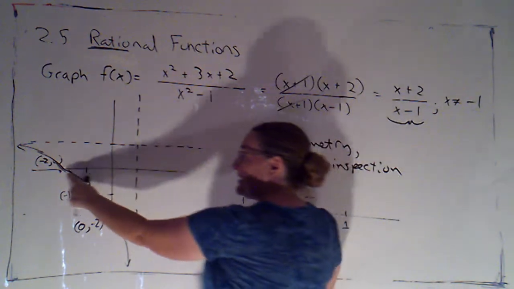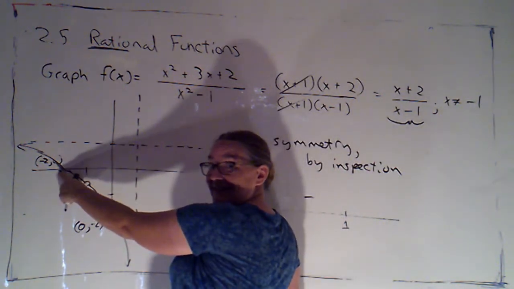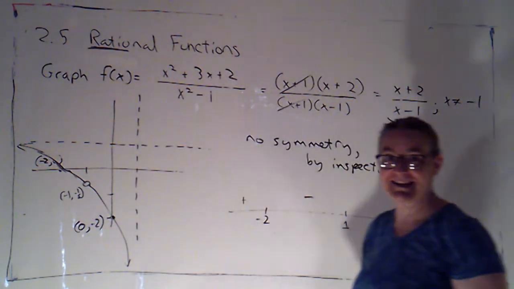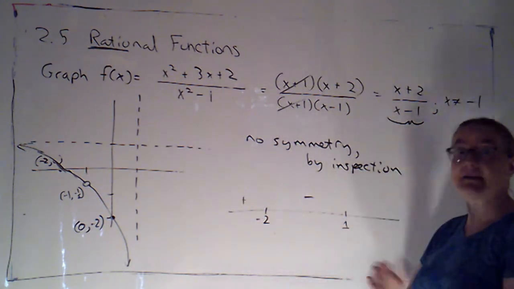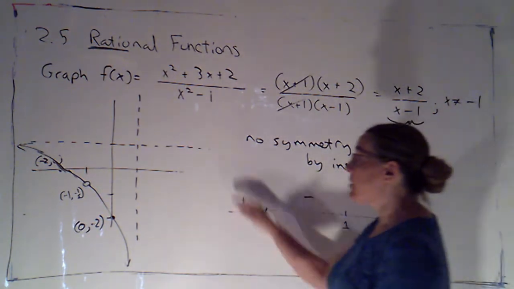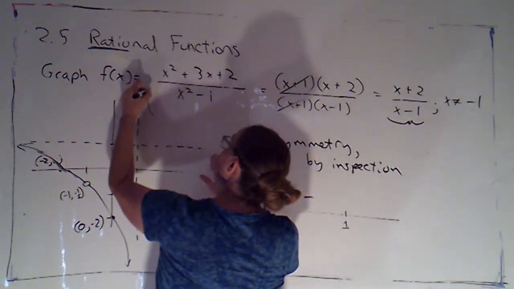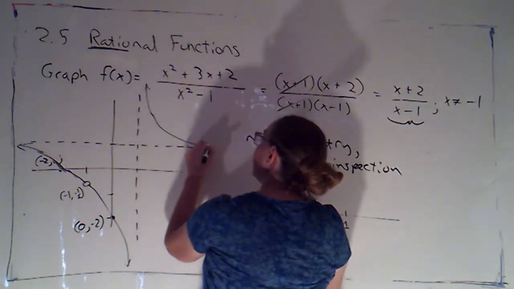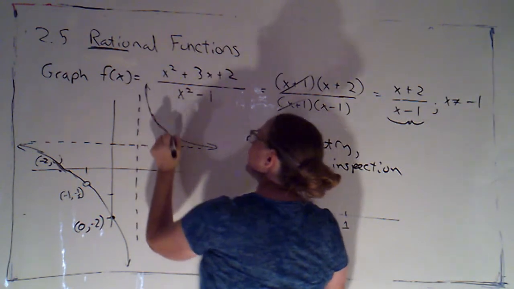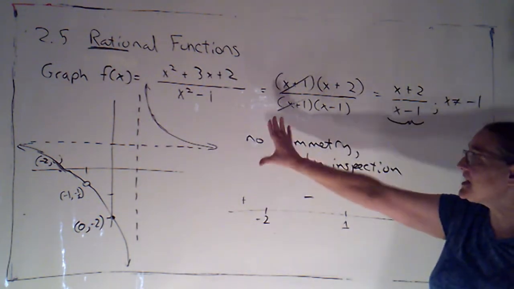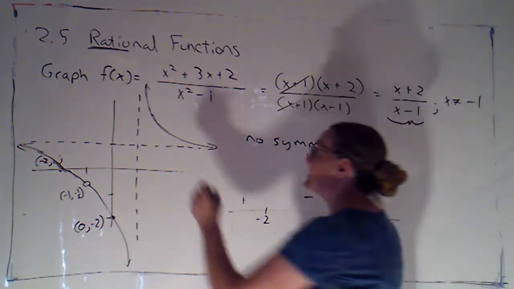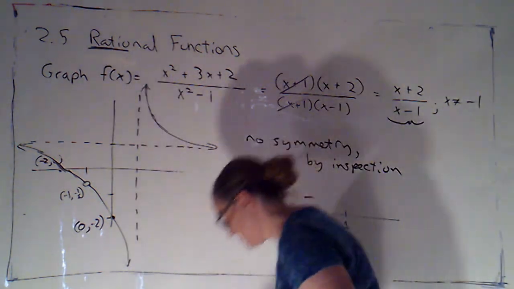But we've plotted the only x-intercept. I'm not allowed to cross the x-axis. And I'm not allowed to jump over it because I don't have another break in my domain. So I've got to start high up. And so my function's going to look something like that. All right. So that's going to be the graph of this particular function.